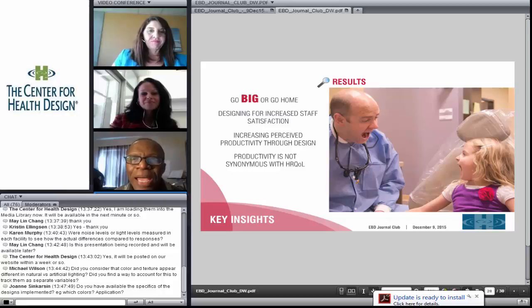Also, we married it to the IEQ, so we had to use the questions that were put forth in the IEQ. So for things like light levels, we were getting how people responded on the IEQ rather than an objective measure using instruments to measure the light levels and the noise level.